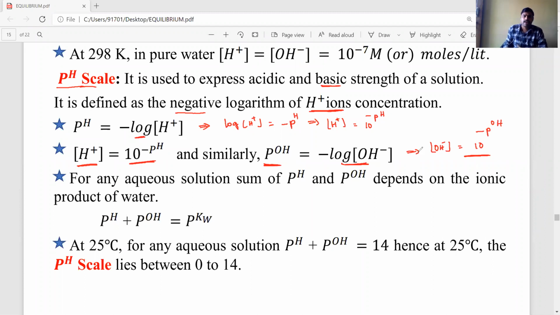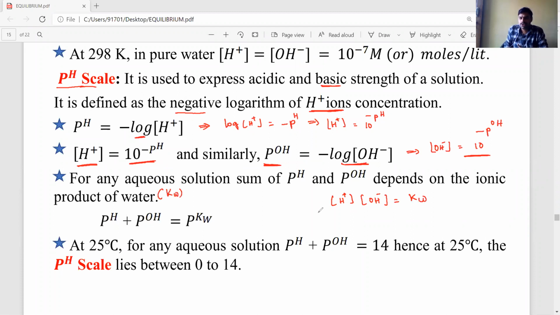Okay, students. Now we know very well, for any aqueous solution, the sum of pH and pOH depends on the ionic product of water, because H plus ions concentration into OH minus ions concentration is equal to Kw. So the H plus or OH minus ions concentration, as well as pH value or pOH value, depends on the ionic product of water, that is Kw.